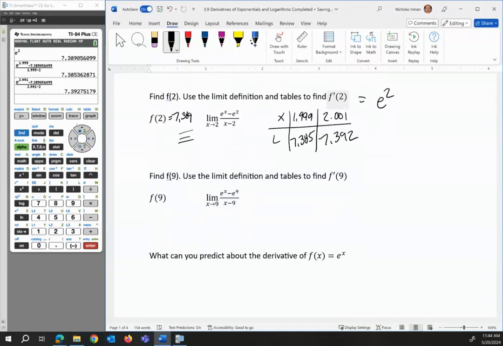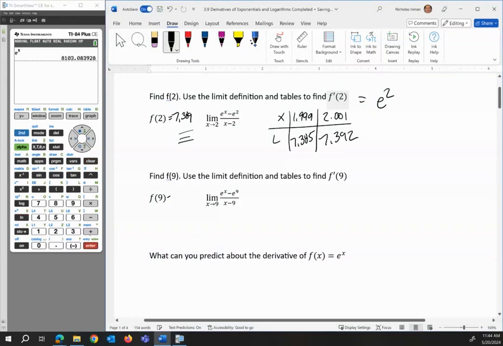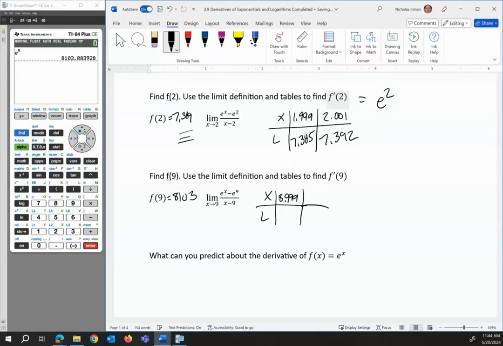All right, let's try this again with x equals 9. E to the 9th is a very large number, 8,103. So pick a number just a little bit smaller than 9, 8.999, and a number a little bit bigger, 9.001.